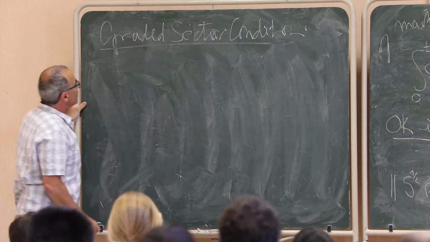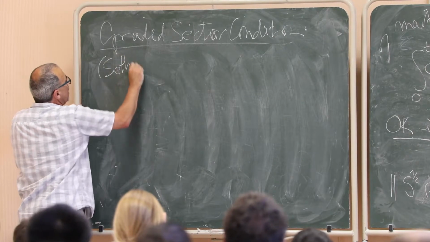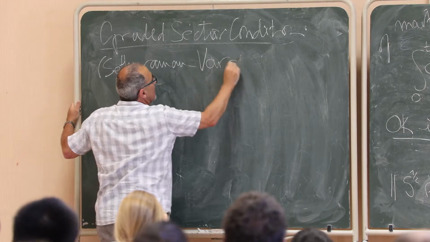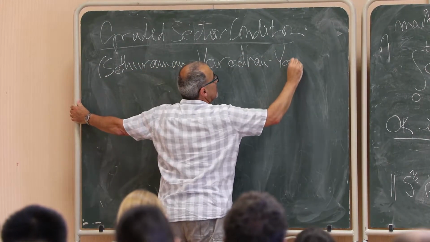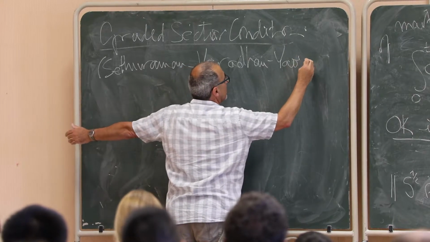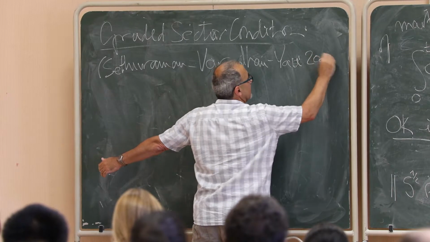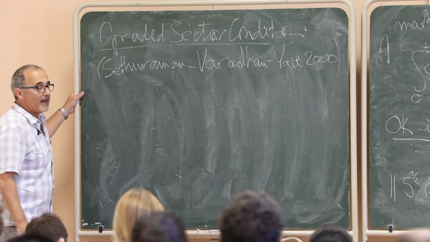The graded sector condition, and this is due to Sethuraman, Varadhan, and Yau in, I think it's 2000. I'm not totally sure about the dates, but I think the paper was published in 2000.